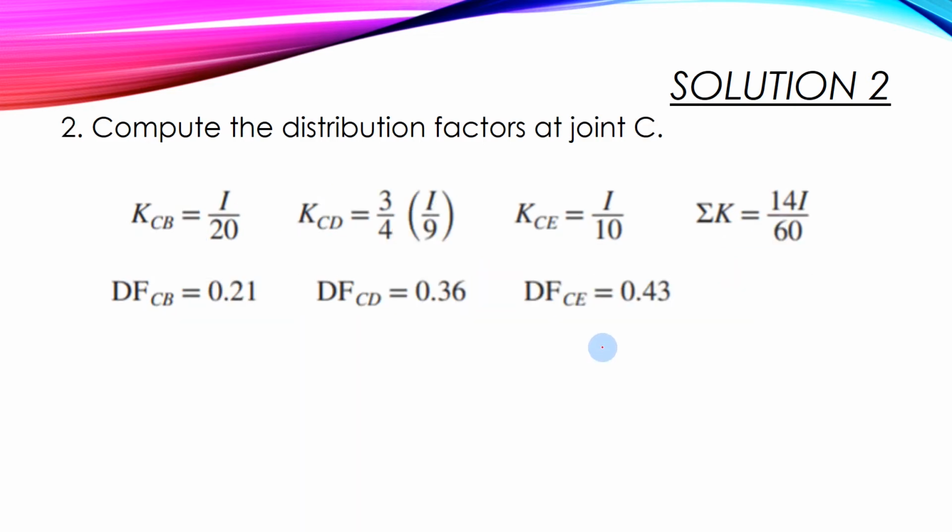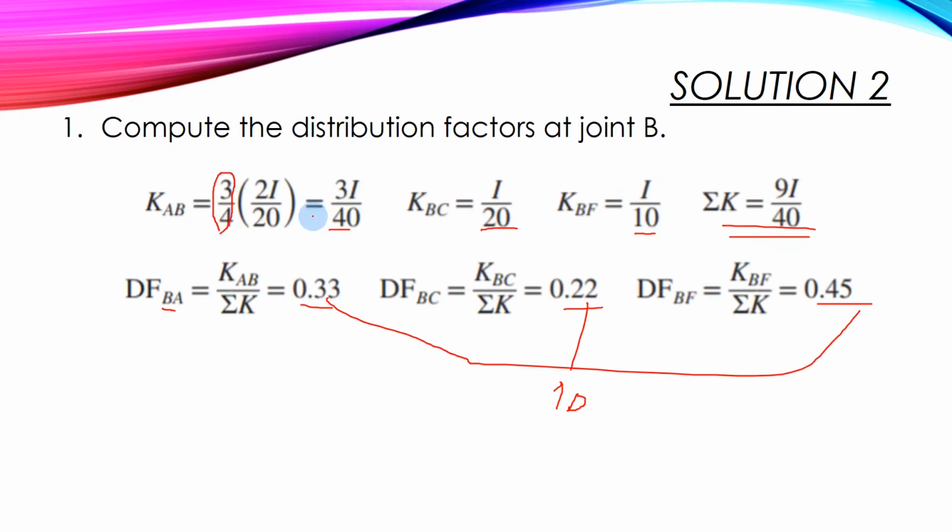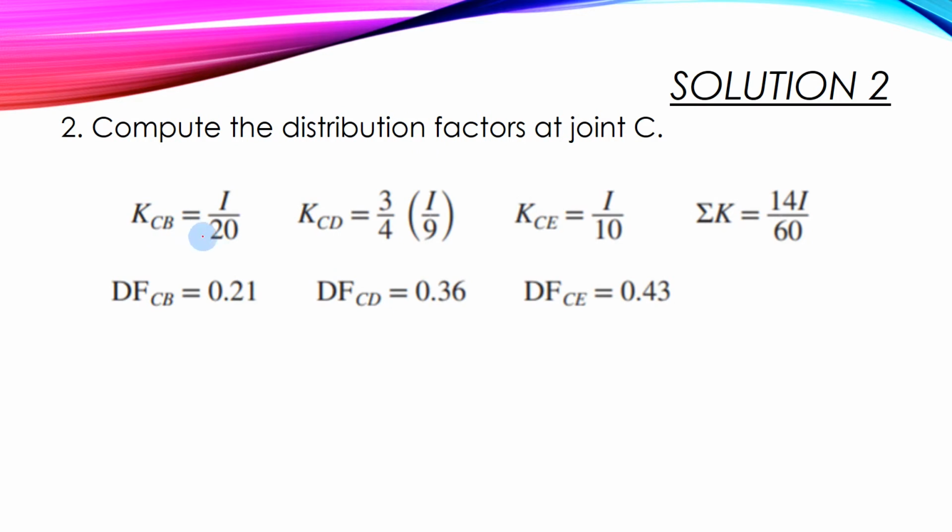How about for joint C? For joint C, we are tasked to determine the stiffness at CB, CE, and CD. We expect that CD will be modified. For CB, I over 20. Then for CD, 3 over 4, this is the modification, so I over 9.